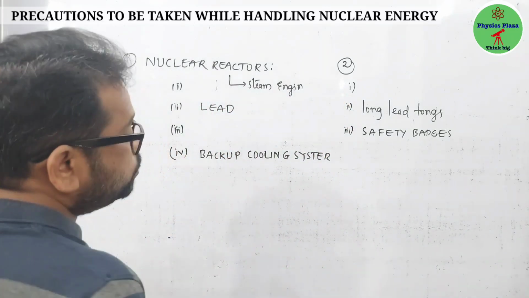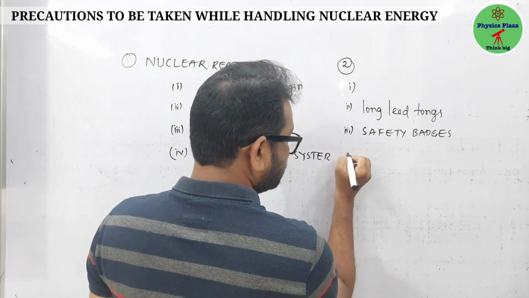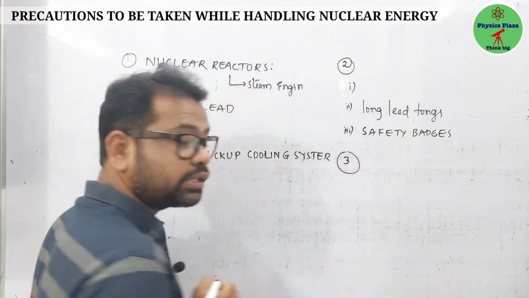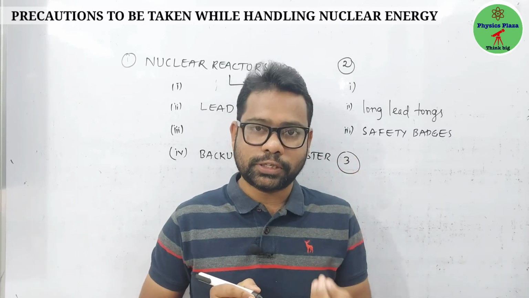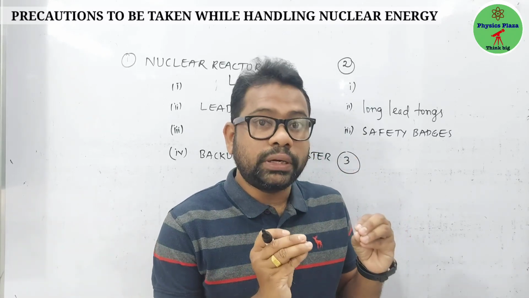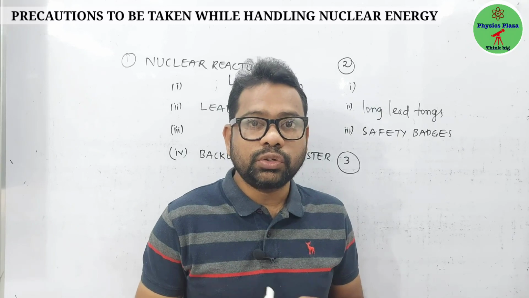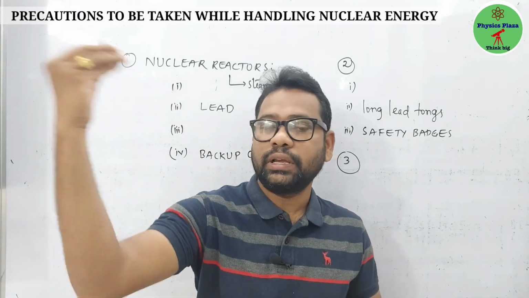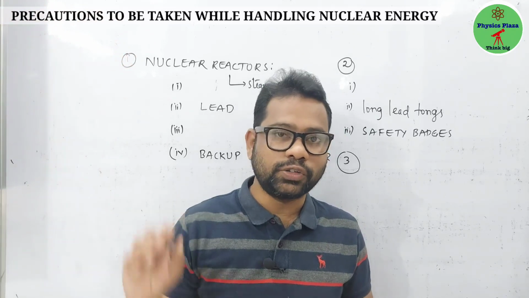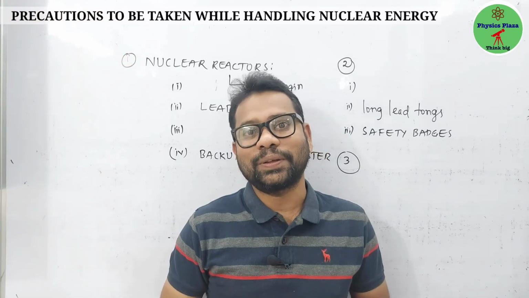Then how to do the safety disposal? Children, as I told you, we get nuclear waste from the nuclear reactors. So how to do that disposal? You cannot throw it. Generally, some irresponsible persons simply throw the dust outside their houses, and you shouldn't do that. Is it clear?